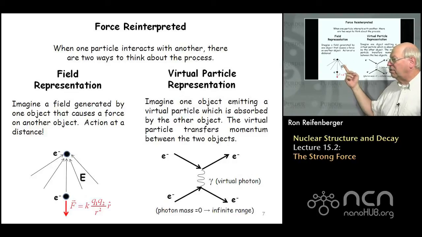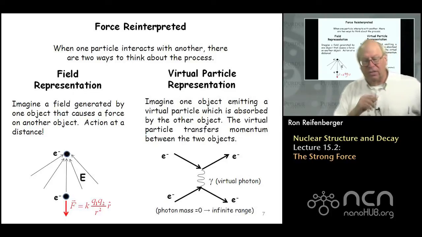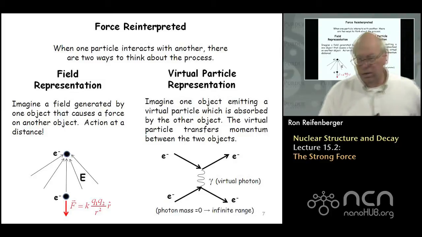And of course, the electric field is defined in such a way that you recover Coulomb's law when you multiply this charge times the electric field E. The force of interaction between these two electrons is then just K Q1 Q2 over r squared in the radial direction. So that's the field representation of forces.